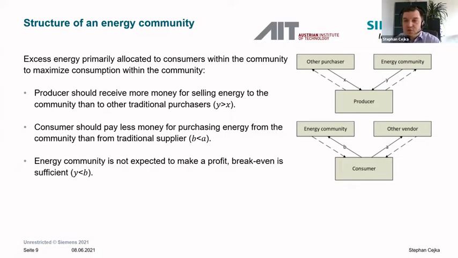And likewise, the consumer shall pay a little bit less than he needs to pay to a traditional vendor. This is possible by saving these grid fees, by saving in taxes and fees, and also because the energy community itself is not expected to make a profit. Break even is sufficient.